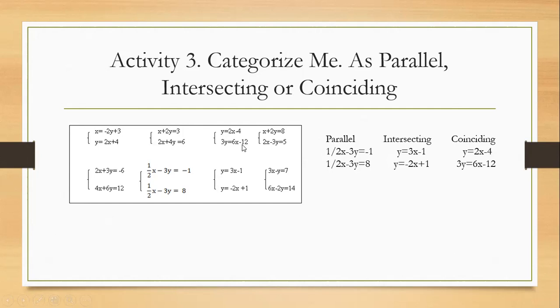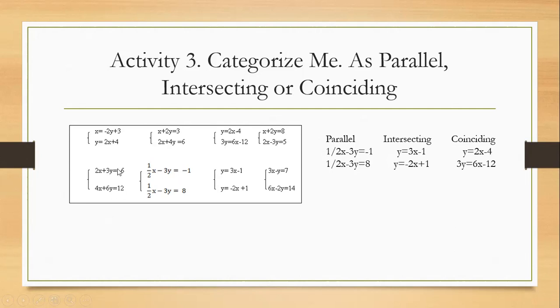How about this one? x plus 2y equals 8, 2x minus 3y equals 5. So, it's intersecting. How about this one? 2x plus 3y, what is that? Okay? It's coinciding. How about this?